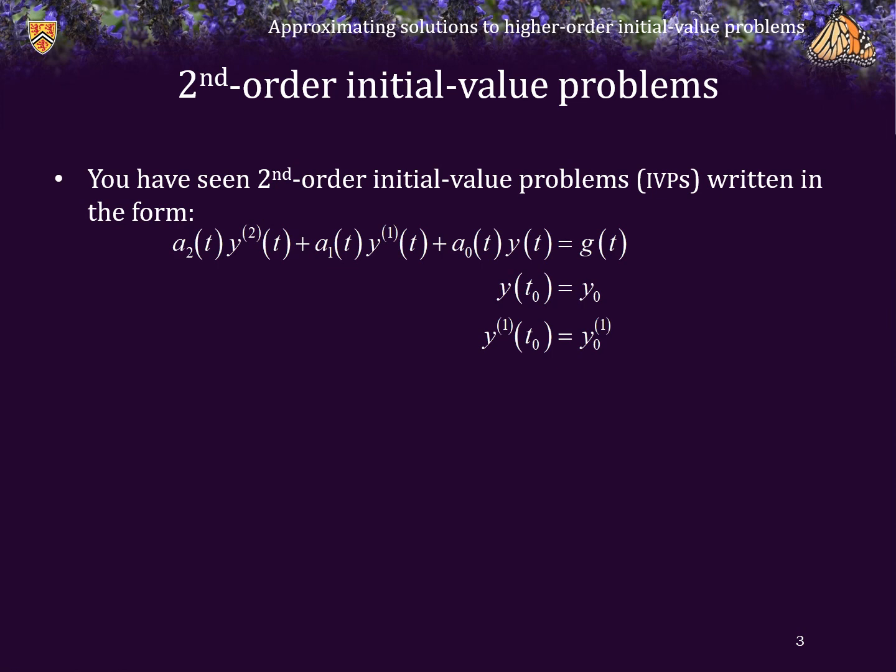So at time t naught, the value of the function is y naught, and at time t naught, the derivative is some given slope. Note the notation that we are using for the constant of the initial derivative. There is no function of t there. It is the initial slope.